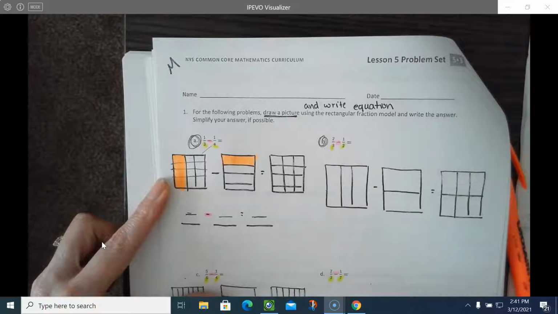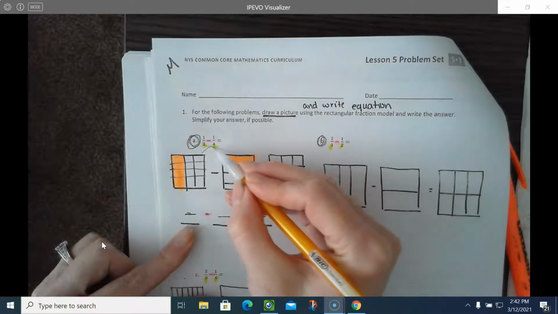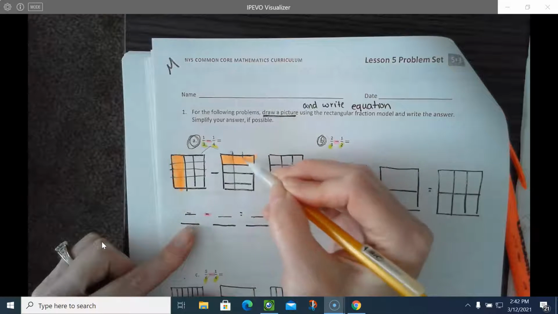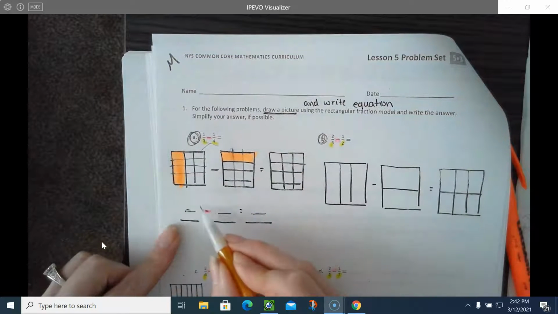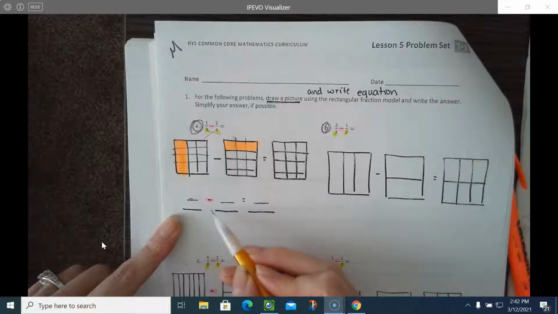And then I need to take my fourths and split them into thirds. And then I'm going to rename my fractions, my equivalent fractions, over here.